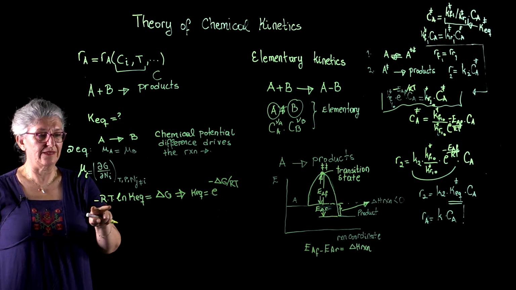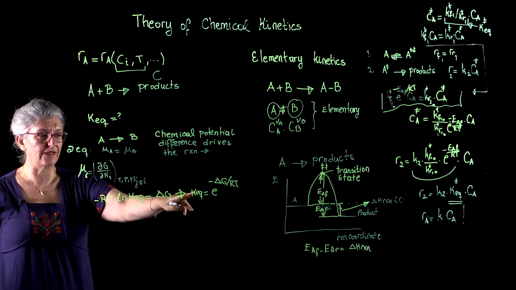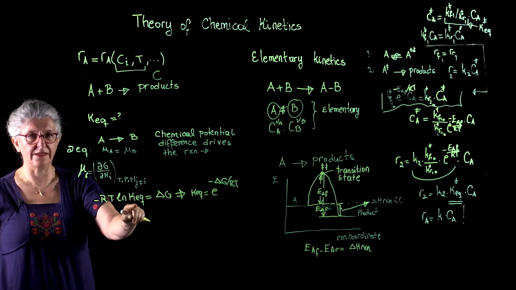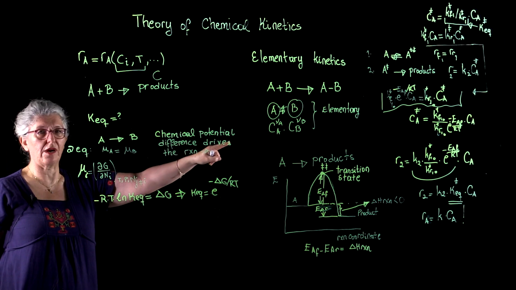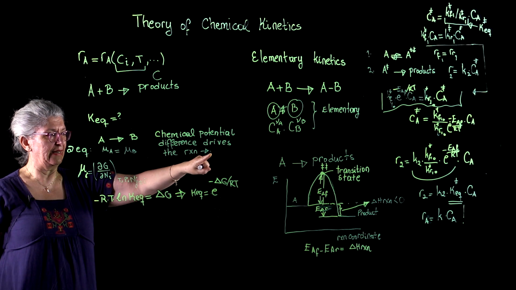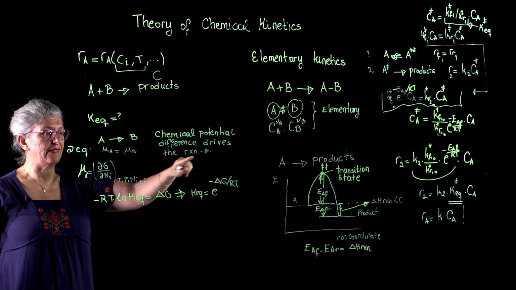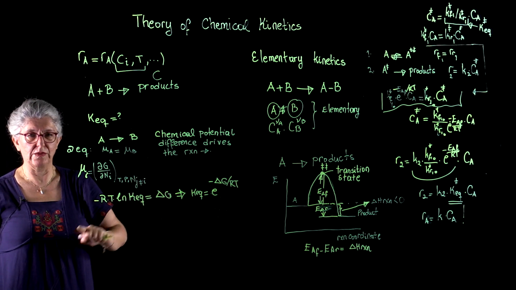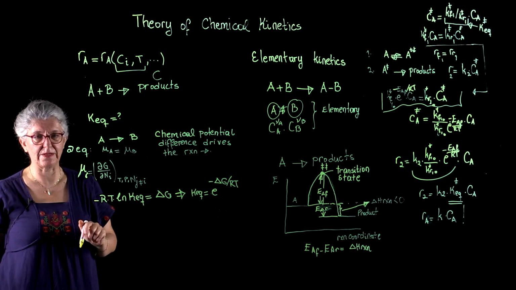So let's start from this level of understanding of the relationship between the Gibbs free energy, the equilibrium constant, and the temperature. And let's go back to our transition state reaction, our reactant going through its transition state, and let's relate its equilibrium constant to the Gibbs free energy of formation of that transition state.